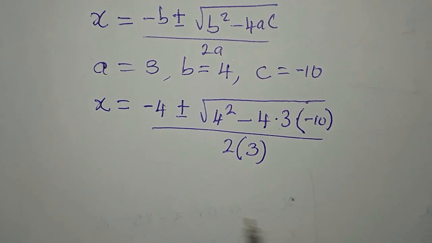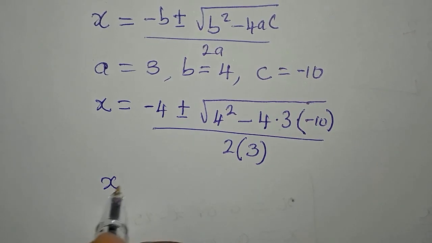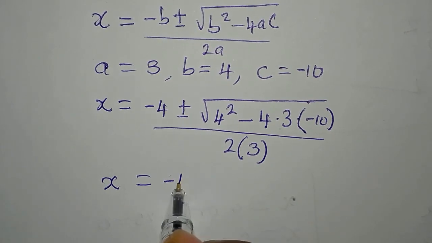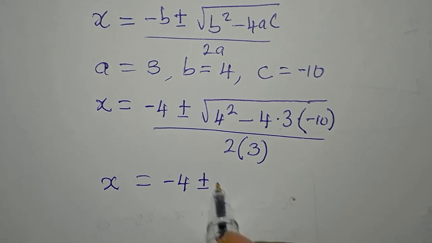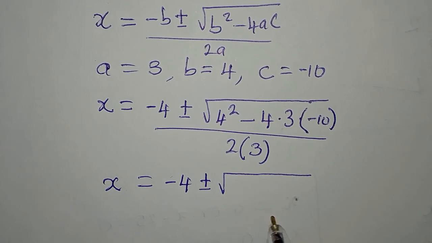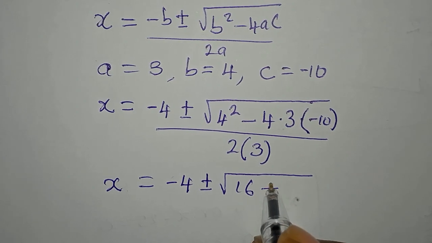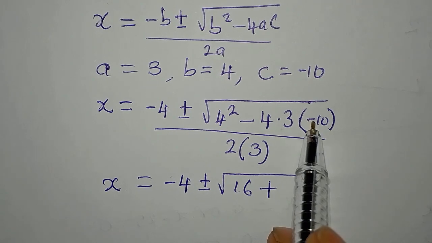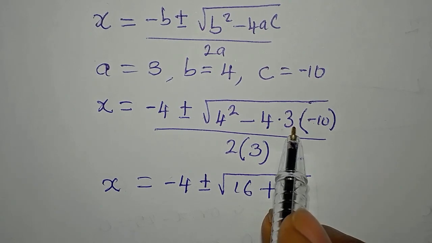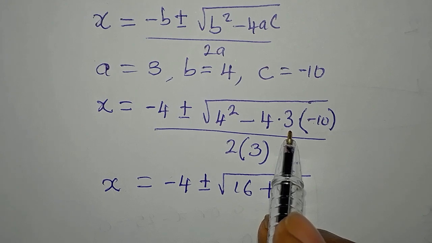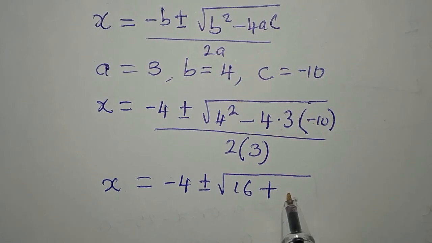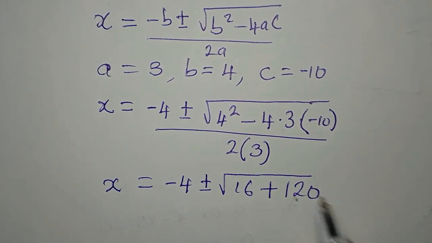Now, to continue with this, our x will be equal to minus 4 plus or minus square root of 4 squared will give us 16. Then this is going to be plus because we have negative times negative. 4 times 3 is 12. 12 times 10 will now give us 120.